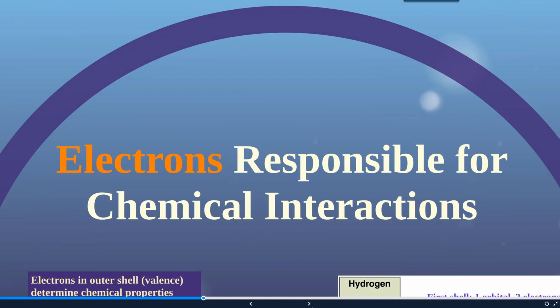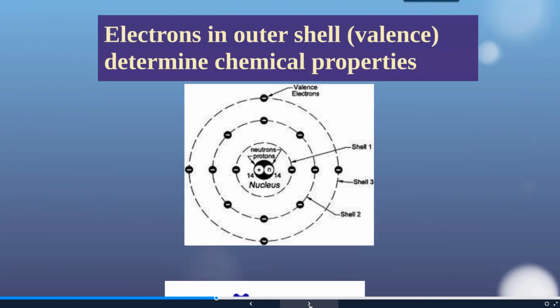So it's very important to note that electrons are really responsible for all of the chemical interactions that occur between these elements. And we know that electrons are going to exist within these different shells. Those that exist within the valence shell, so the outermost shell, are going to determine the chemical properties of that particular element.